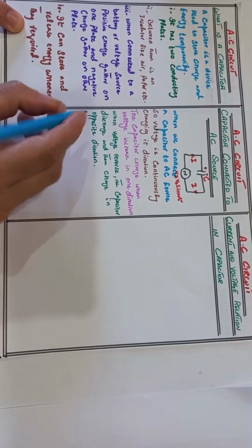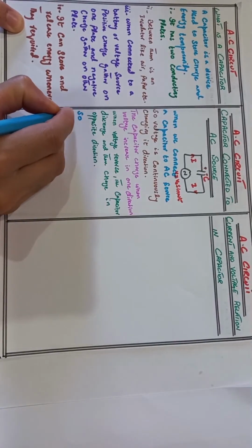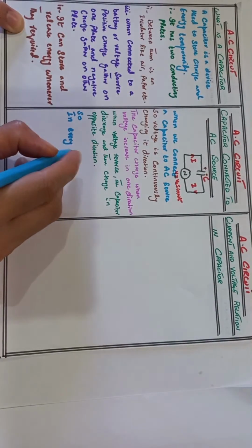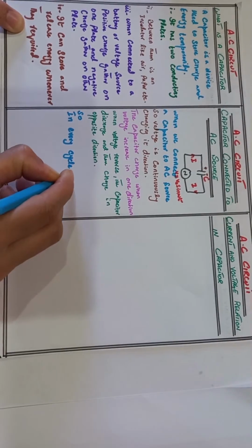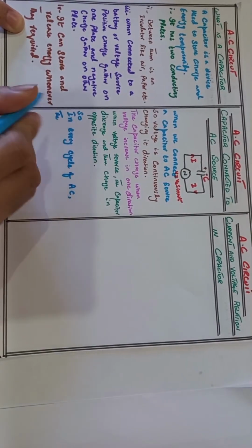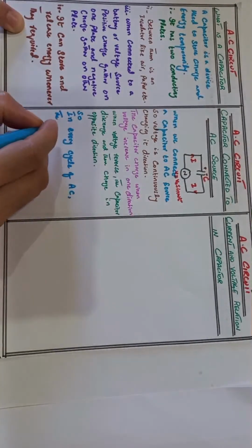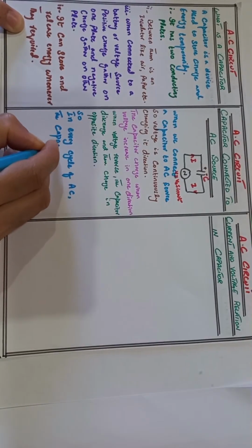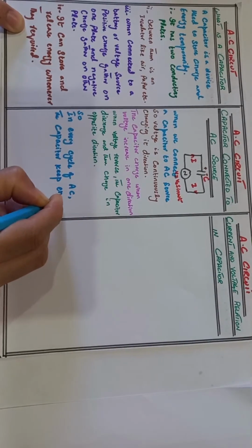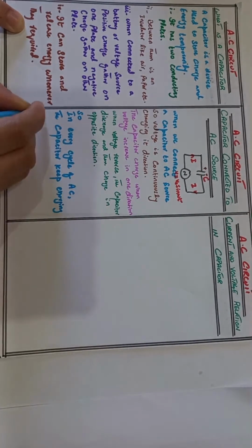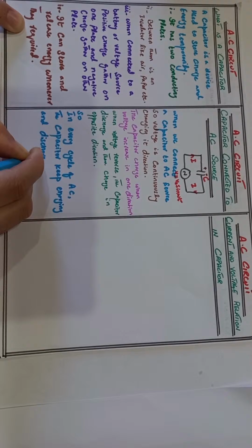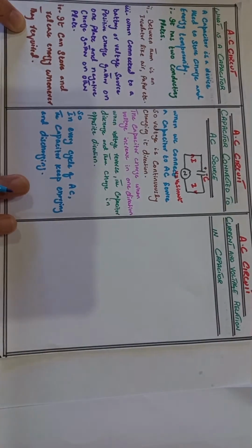So here we write that in every cycle of alternating current, the capacitor keeps charging and discharging.